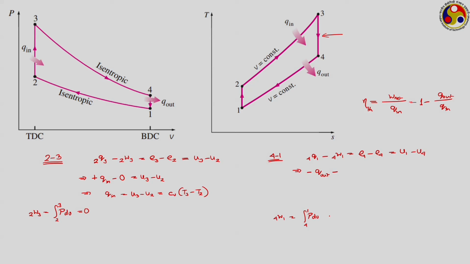Again it is an isochoric process, so this is equal to 0 again. So, minus 0 is equal to U1 minus U4, which gives us Q out equal to U4 minus U1, that is equal to Cv into T4 minus T1.